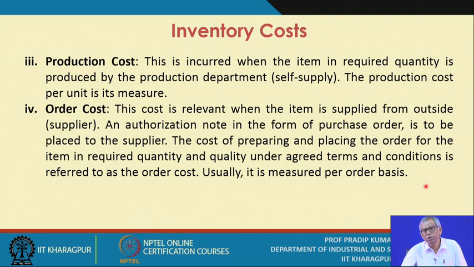So one particular order, that means the purchase order, may consider just one item or multiple items. That means there are cases where for each item you need to have one supplier. For many items you can have one supplier. That means the same supplier is supplying not only one item but several items.